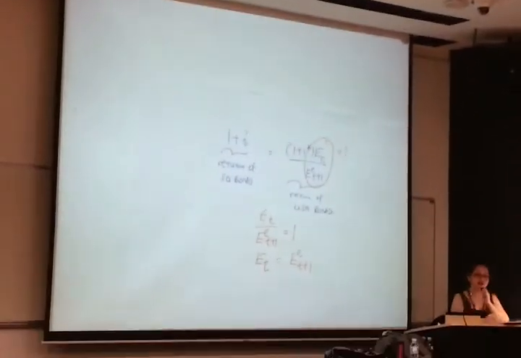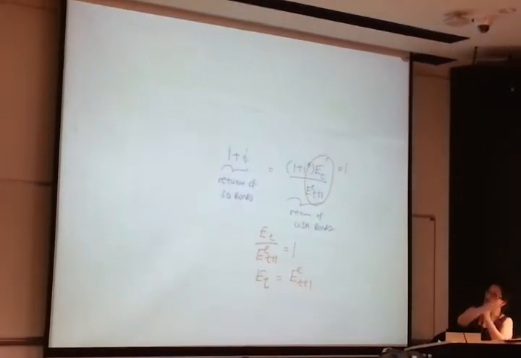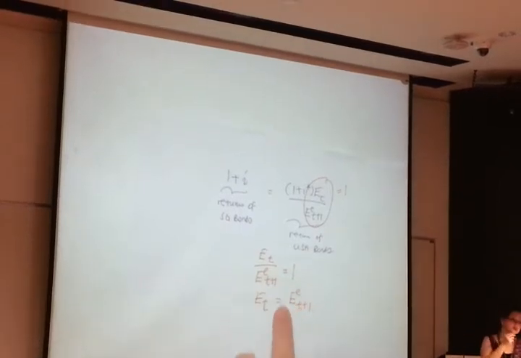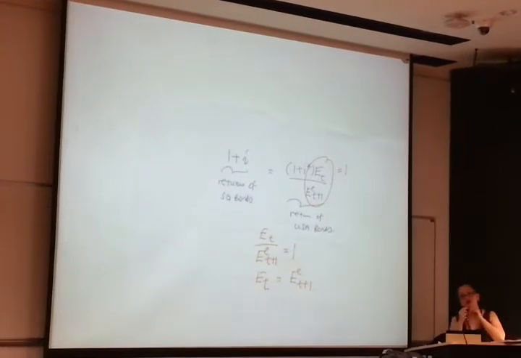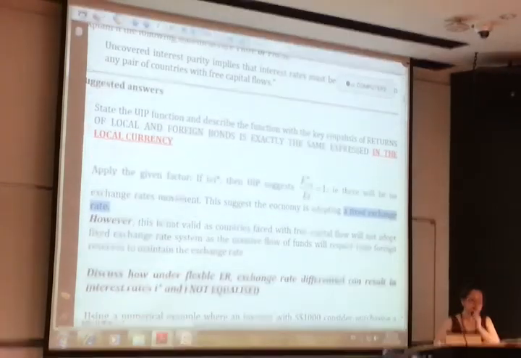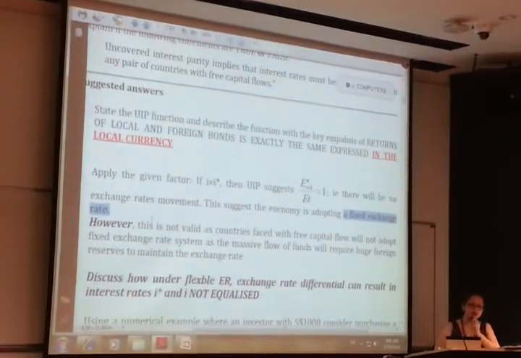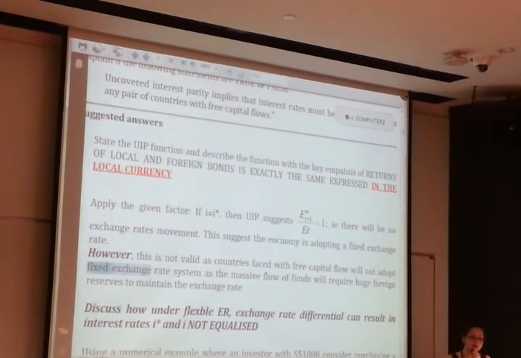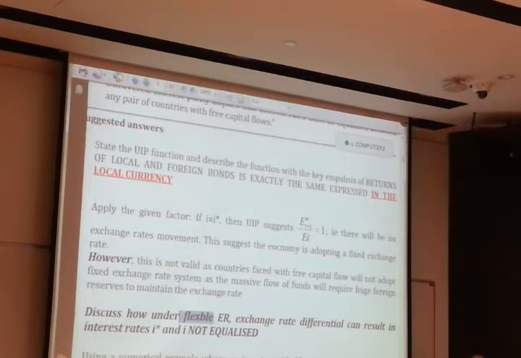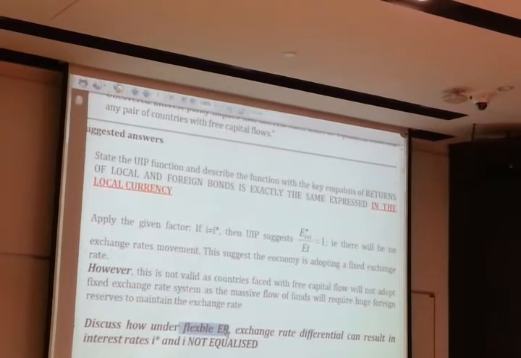Alright, so therefore you challenge the assumption that you made. Alright, so you use the equation, but you reckon for the equation to be valid, you assume fixed exchange rate. Right, so look at my outline, that's why you use the term. However, right, countries should not be facing fixed exchange rate, they should be using flexible exchange rate.